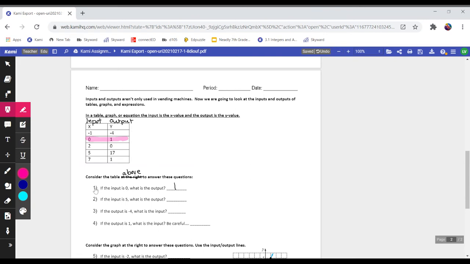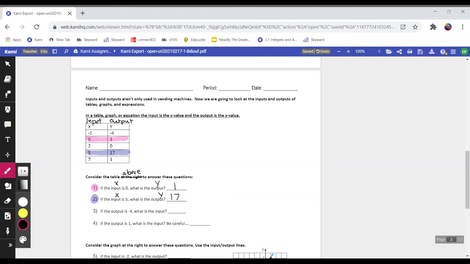If it helps, you can also identify number 1 as the pink. If the input is 5, the output is 17. So again, remember, inputs are your X, outputs are your Y. Input is X, output is Y.